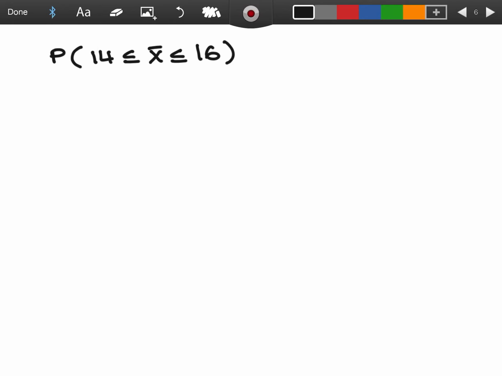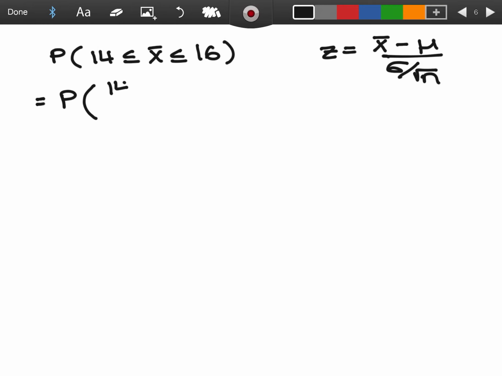So I'm going to use my Z transformation here to figure out my lower and upper bound. You can't just plug some stuff in here. You actually have to do some calculation before you plug it into your calculator. Remember, our Z transformation in this case is the sample mean minus the population mean over the standard deviation divided by the square root of the sample size.